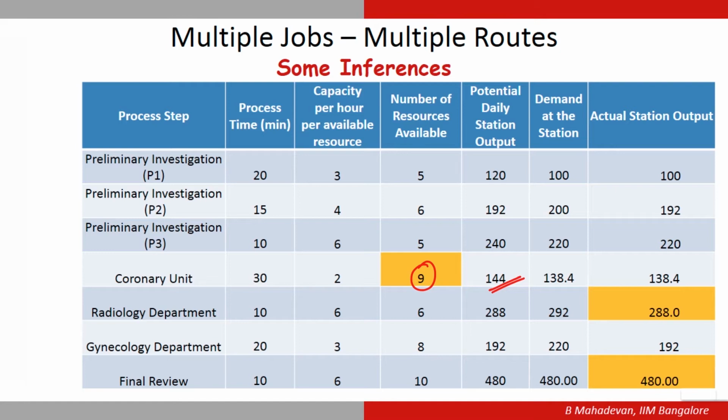But interestingly, we find that the coronary unit is no longer the bottleneck, because the requirement is less than what is possible in that station. So in the changed scenario, the bottleneck has shifted to the radiology department. I have highlighted it with yellow color just to point that out, and also the output has gone up to 480.